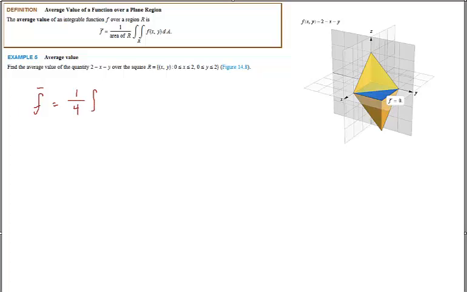And then my integral, looks like I can do it either way, and both of them are from 0 to 2. So it doesn't really make any difference which one I put first because they are the same, so I'll just do this. I'll compute this integral and get the average value.